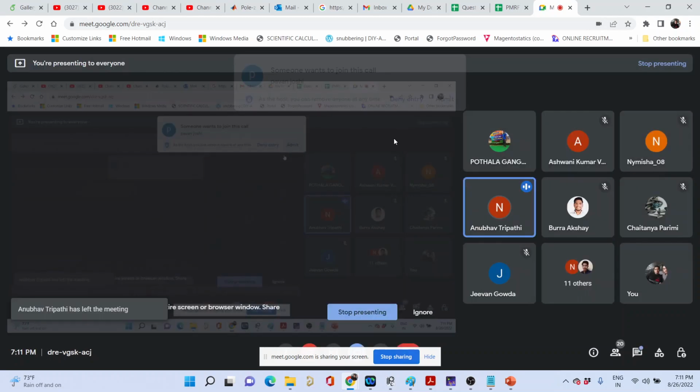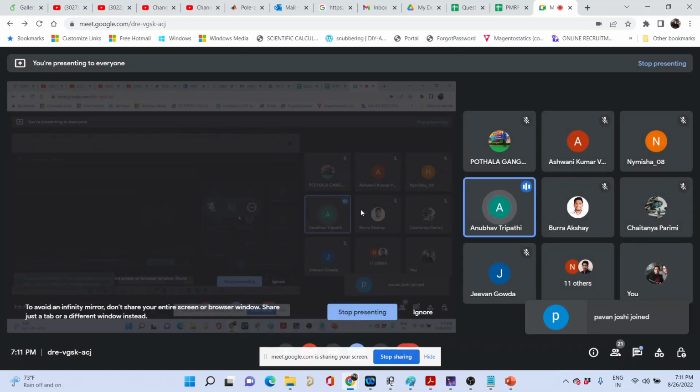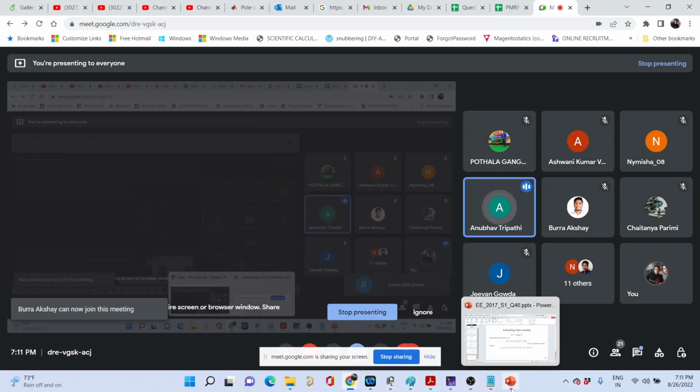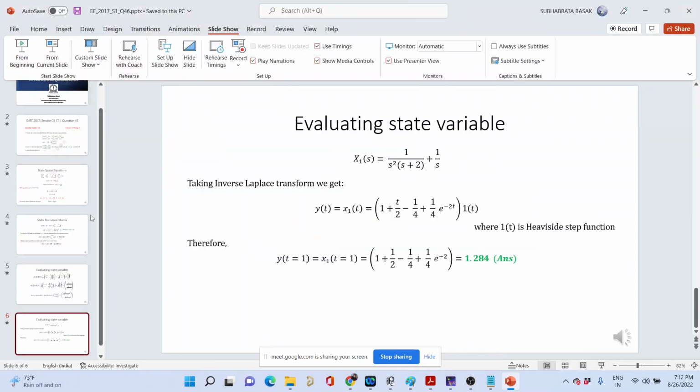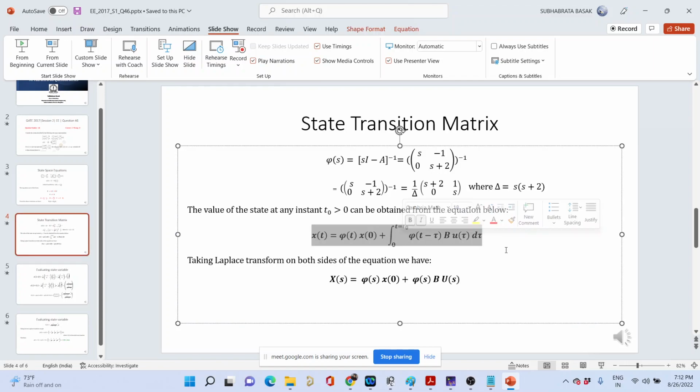Yes, Anubhav, tell me. Sir, how did you write zero in state response? The integrated term in time domain. Yeah, this term you are talking about, right? Yes, sir. Anubhav, what are you asking exactly?